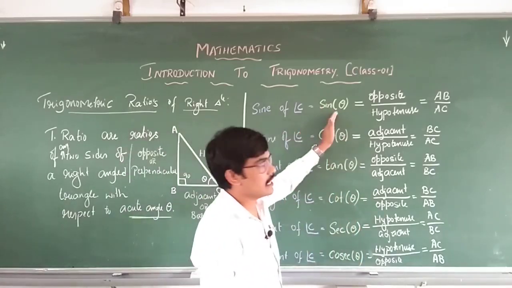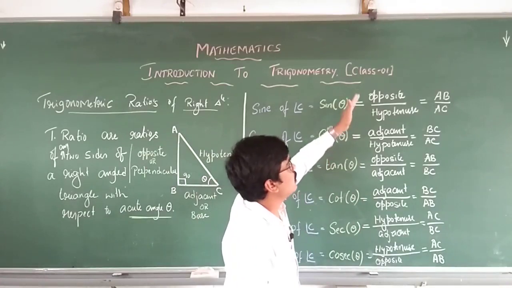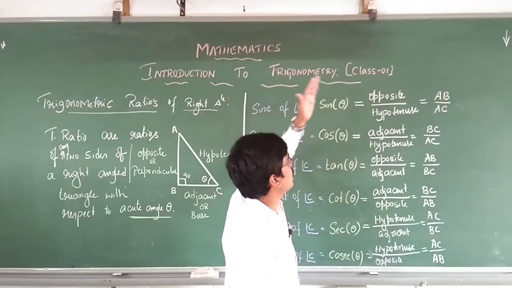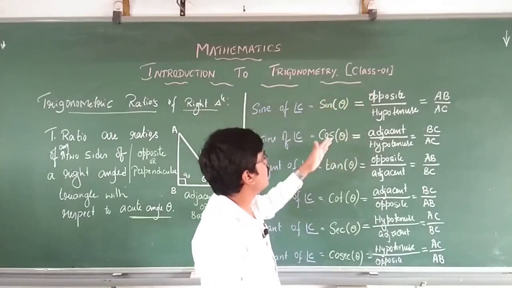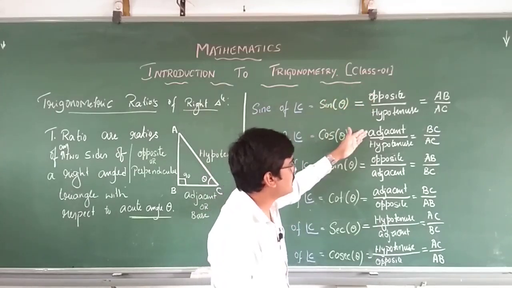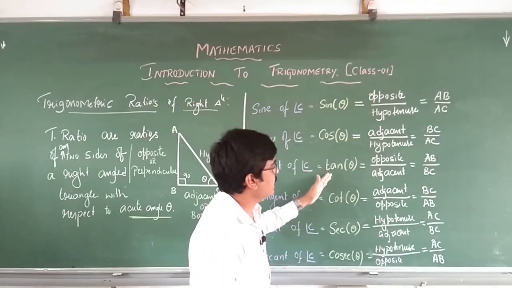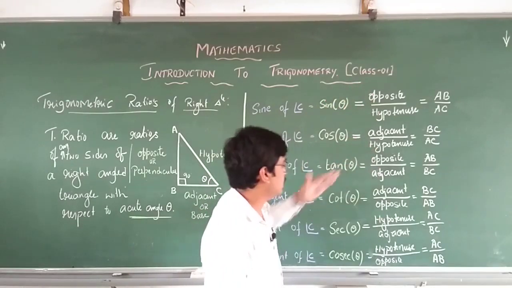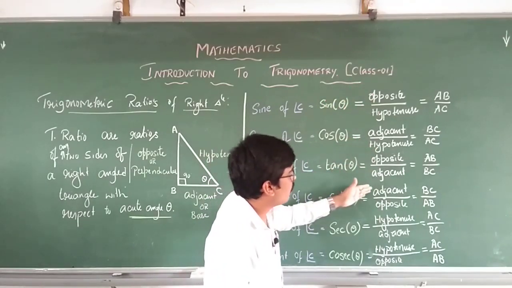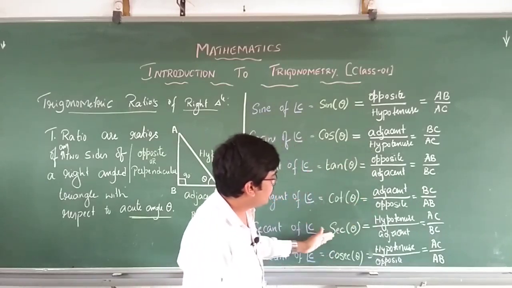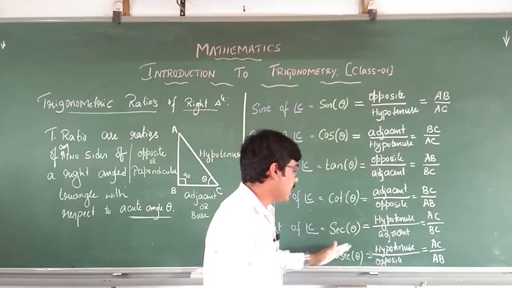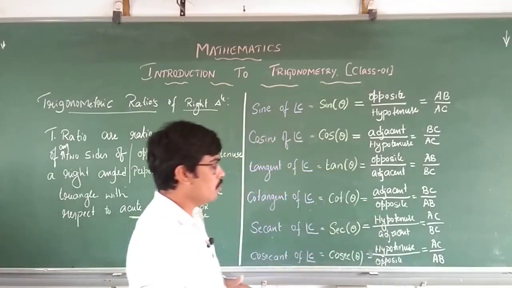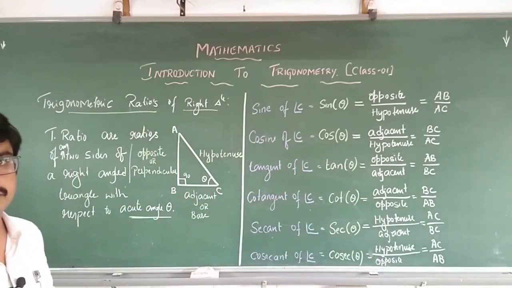So sin theta is the ratio of opposite to hypotenuse, cos theta is the ratio of adjacent to hypotenuse, tan theta is the ratio of opposite to adjacent, cot theta is the ratio of adjacent to opposite, secant is the ratio of hypotenuse to adjacent and cosecant is the ratio of hypotenuse to opposite.